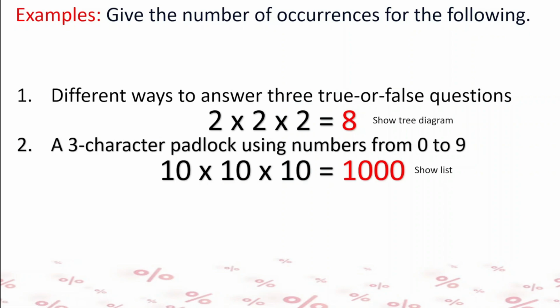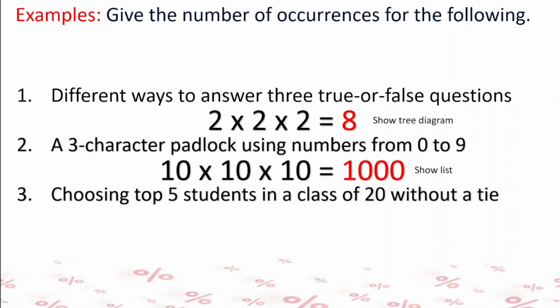Now let's have number 3. Choosing top 5 students in a class of 20 without a tie. So how many ways can we rank 5 students as top students in a class of 20 without a tie?